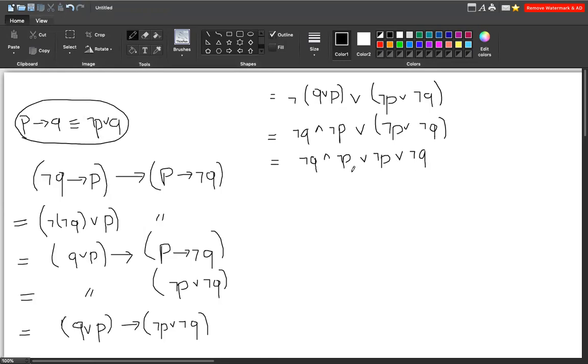Okay, so we simplify this down to this thing here. Now we have this negation Q here, and then we have this negation Q here.